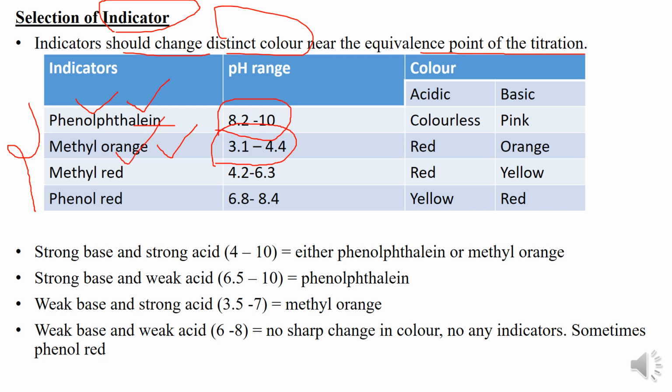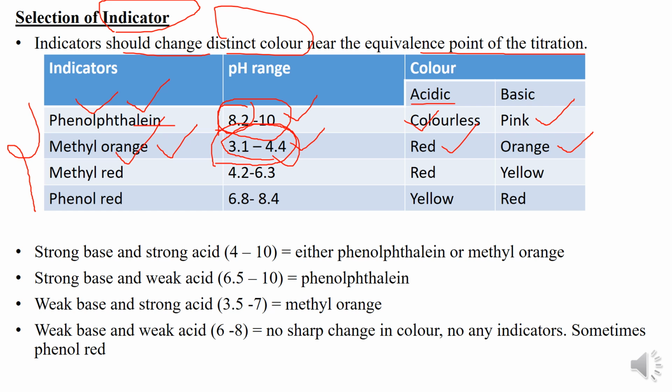Phenolphthalein has its pH range in basic medium, and methyl orange has its pH range in acidic medium. The color of phenolphthalein in acidic medium is colorless, while in basic medium it is pink. Similarly, the color of methyl orange in acidic medium is red and in basic medium it is orange.